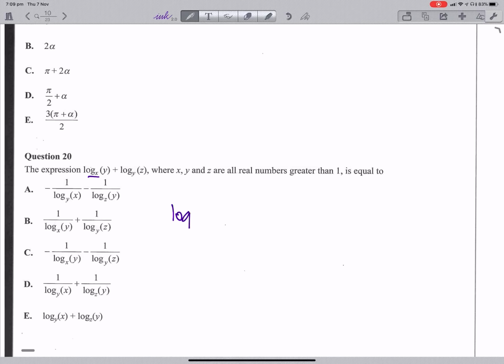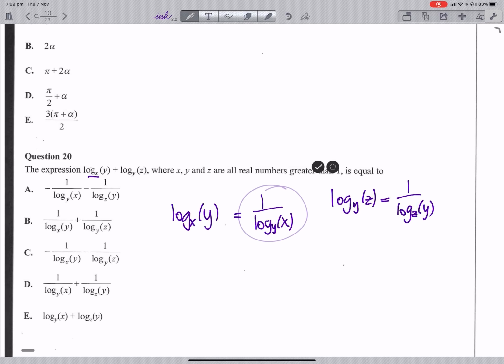Log x of y is equal to 1 on log y of x, and log y of z is equal to 1 on log z of y. So hopefully 1 on log y of x plus 1 on log z of y, it's d.